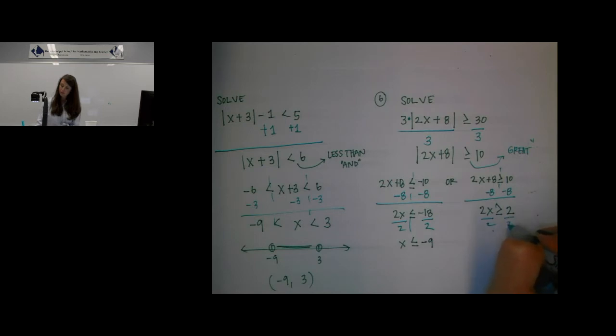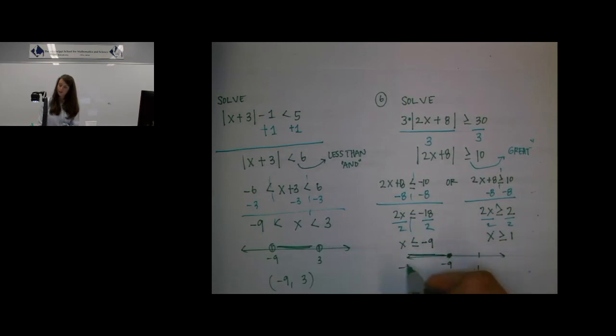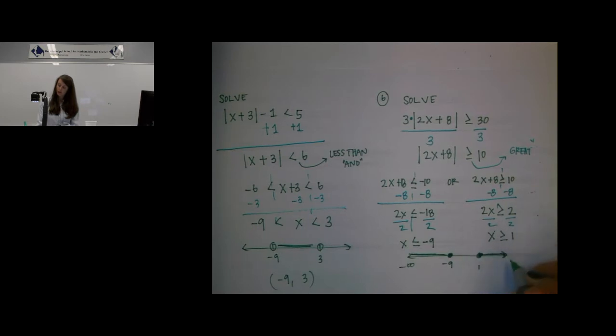Divide both sides by 2, so x will be greater than or equal to 1. So we're going in opposite directions, so we got our -9 and 1. Closed circle, x is less than or equal to -9. X is greater than or equal to 1. So this will be -infinity to -9, bracket, or 1 to infinity, bracket around your 1.